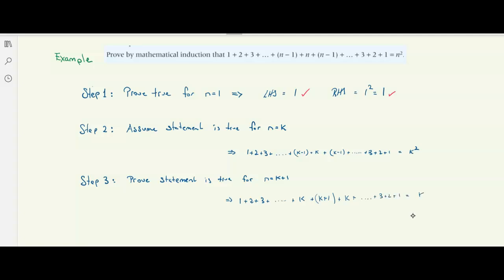And we want to show that that's equal to k plus 1 all squared. Right, now if we study this statement here, we're going to bring in our assumption. We're always going to bring step 2 into play here. That's the first thing we're going to look to do, because I've got k squared that's equal to all this here. So I need to find out where this is in my k plus 1 statement, and it's not too hard to find.